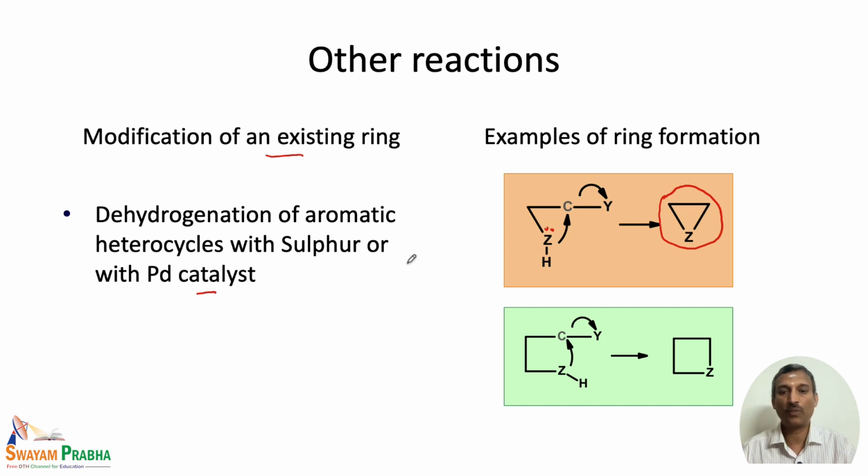So, these are some of the ways by which the reaction can happen. The attacking nucleophile and the leaving group can be present on either carbon, or it can also be present at different positions. So, when the nucleophile attacks the carbon, here it leads to 3-membered ring formation. In this particular case, it leads to a 4-membered ring formation.